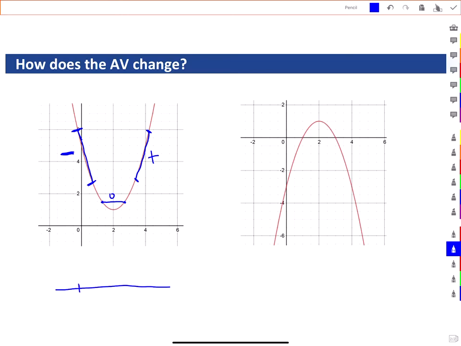Well, negative numbers lie over here, right? 0 lies here, and positive numbers lie here. So as I'm going on my number line, I am going left to right. So that means I am increasing. So my average rates of change, that's a horrible English phrase, I'm sorry, are increasing. Okay, so here my AV is increasing.